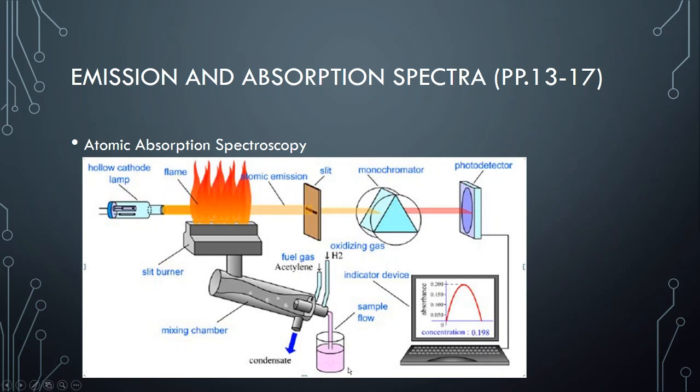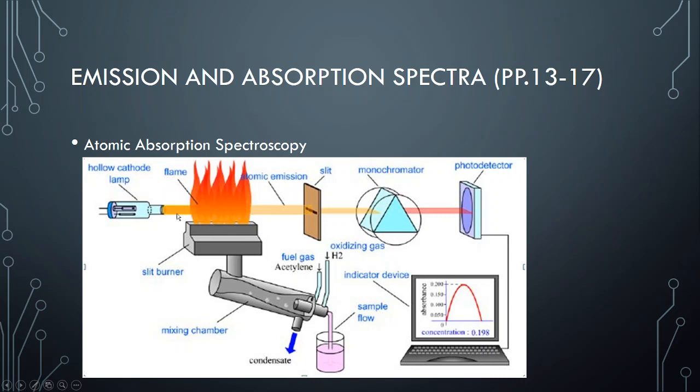Let's say that this sample contains sodium chloride. And because sodium color light is being shone onto this flame, which contains sodium ions, they will absorb a certain part of that light.